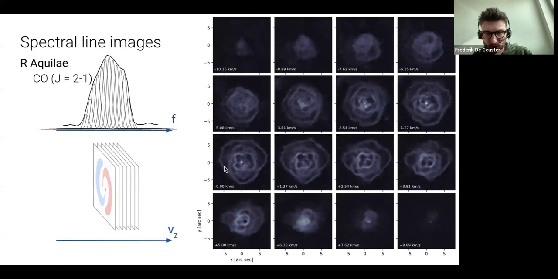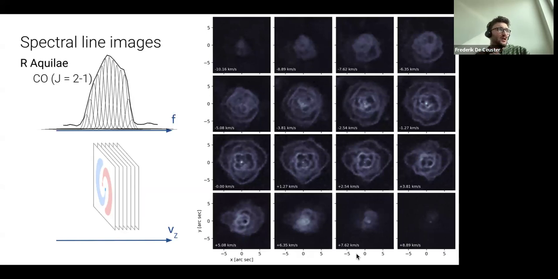So what you see here are different images of the same object, viewed at different frequencies around this central line. This shows the material moving at different velocities along the line of sight.